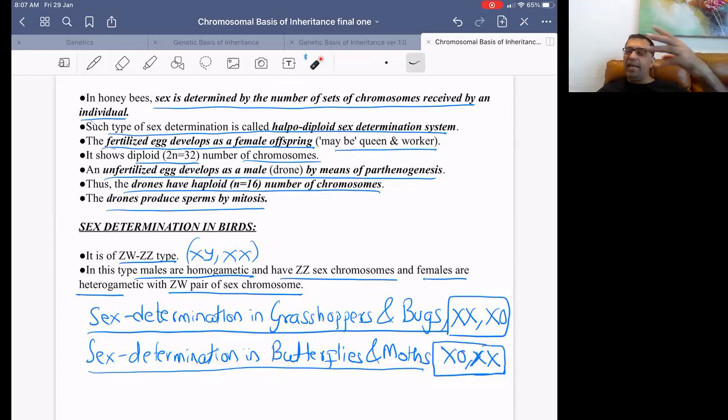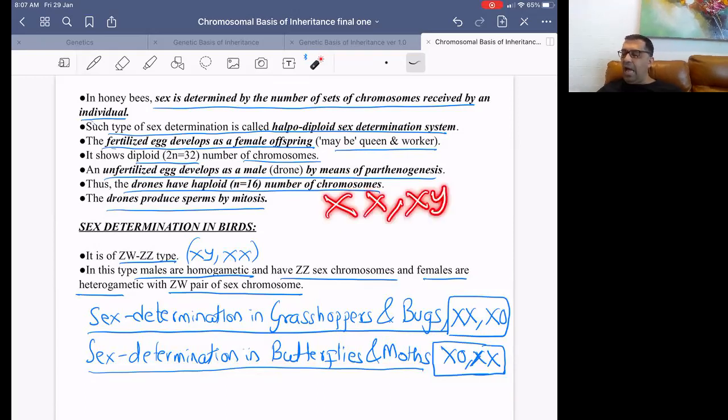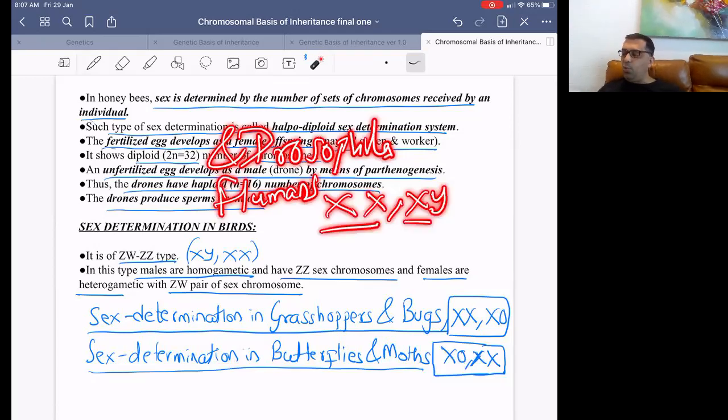So we have covered four kinds of sex determination. Humans are XX and XY. As a matter of fact, humans and Drosophila, the fruit fly, are XX and XY. Birds are ZW and ZZ.